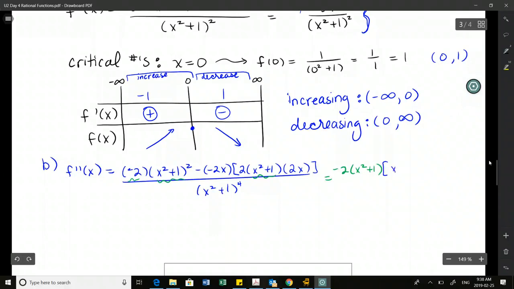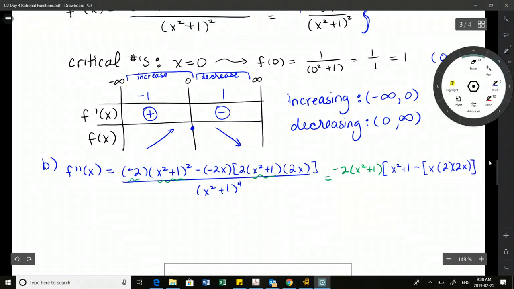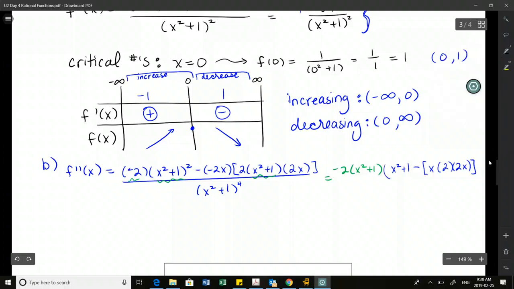So I'm going to have 1 x squared plus 1 left here. And then my -2 here is gone, so I've just got x times 2 times 2x. You can simplify that all if you want. Oh yeah, that makes sense.